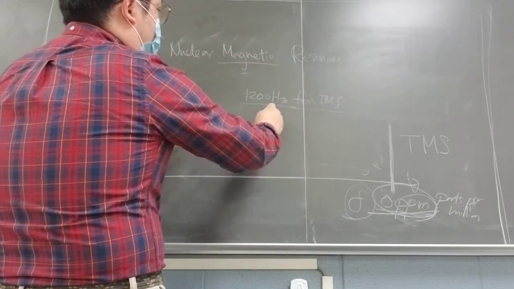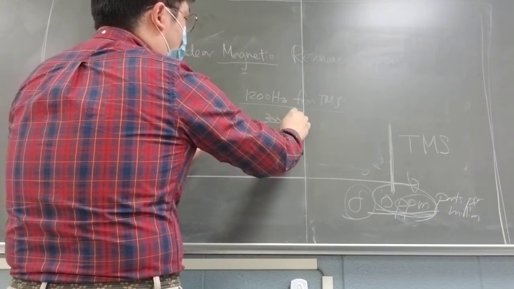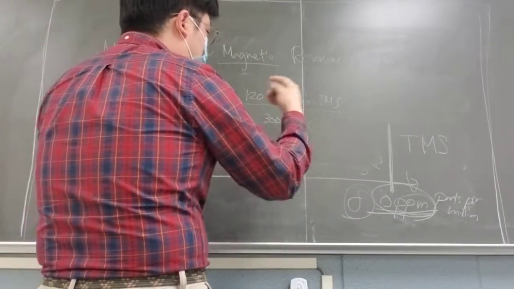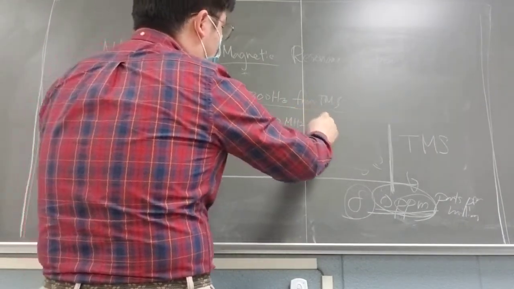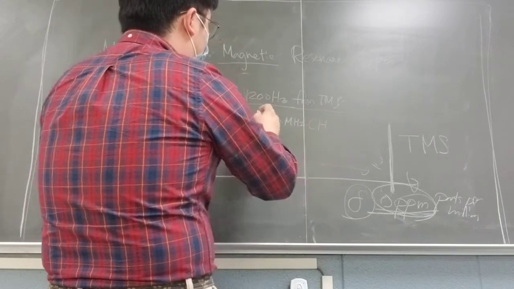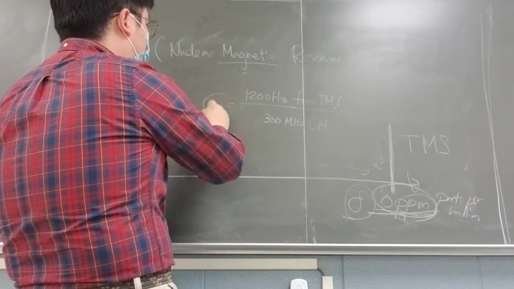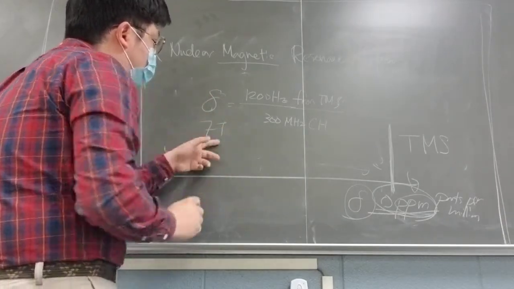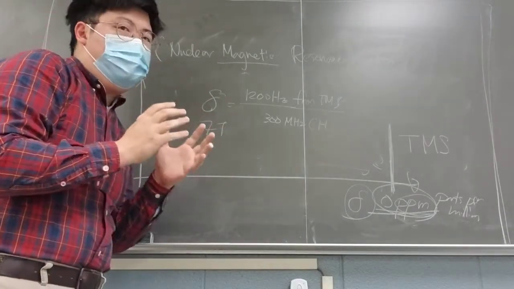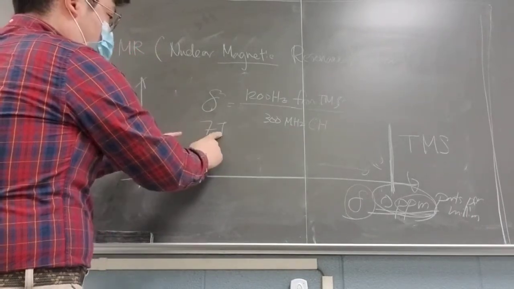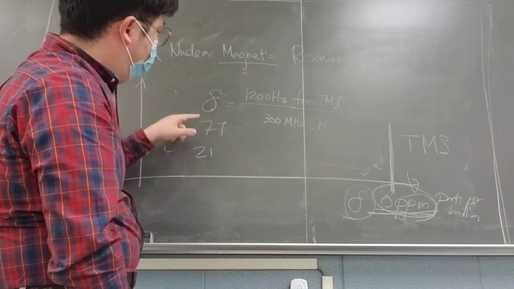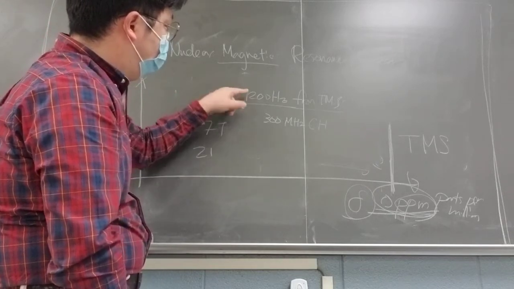And if there's a 300 megahertz radio frequency, and that device is based on only 7 Tesla, so Tesla means the unit for the strength of the magnetic field. But if you change this one to 21, it actually triples those numbers at the same time.